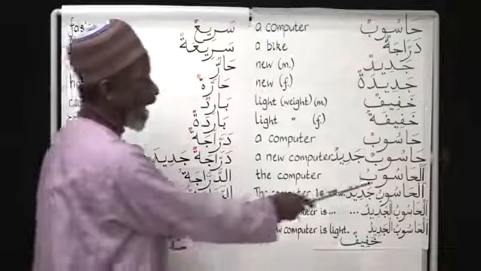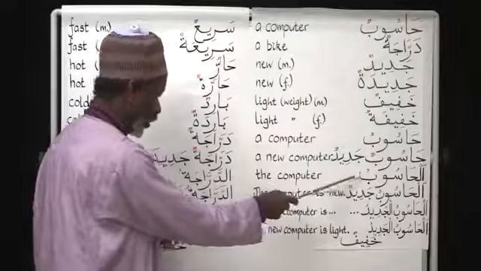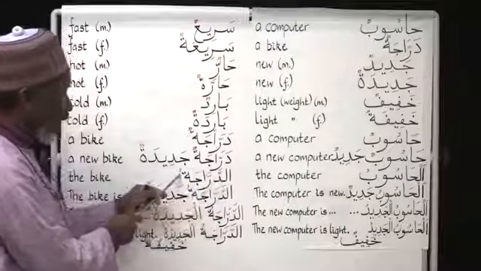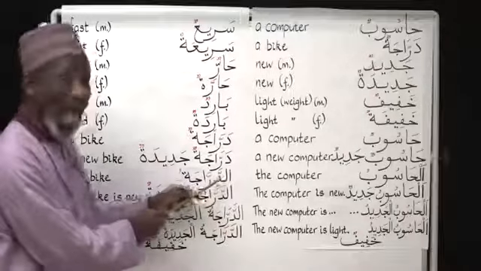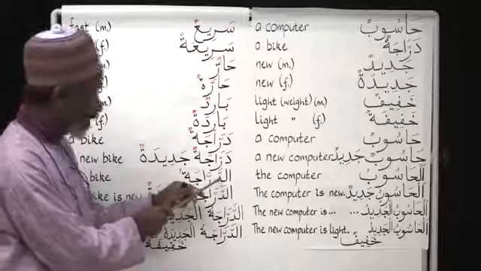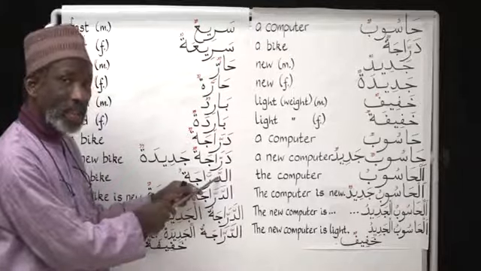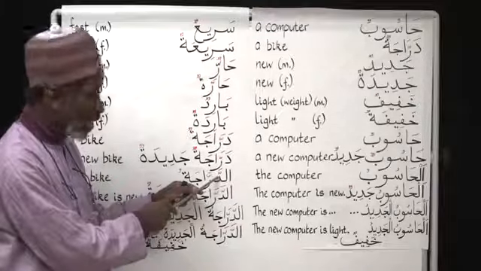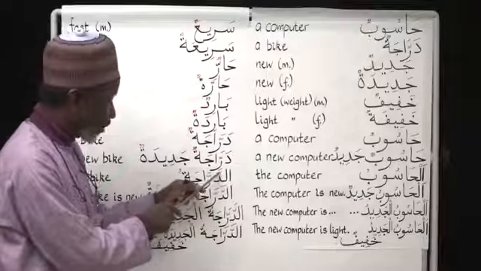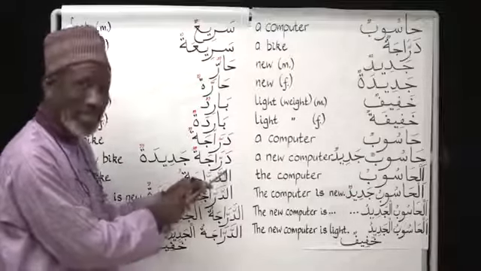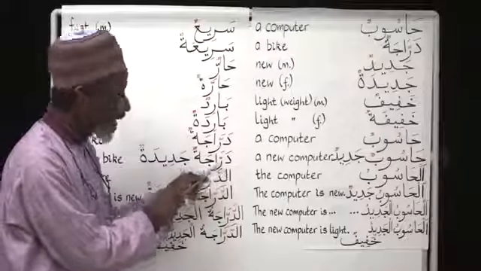Then you have al-hasubu, the computer, and ad-darajatu. Here you have shadda after the L. That's a shamsiyya, a sun letter, as we learned in the previous series. Because of this shadda, we suppress the sound of lam.